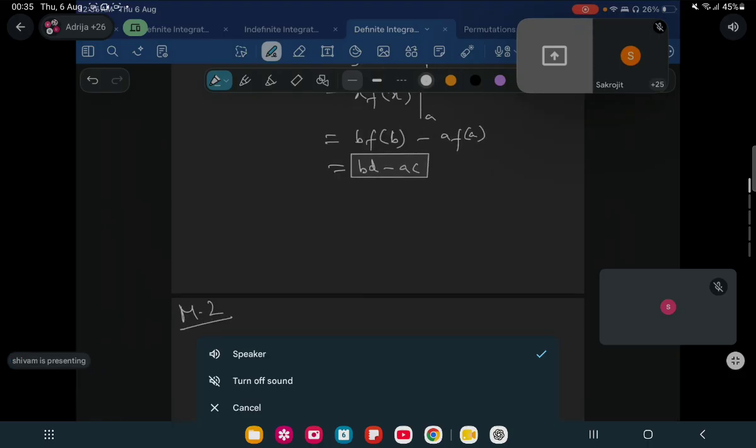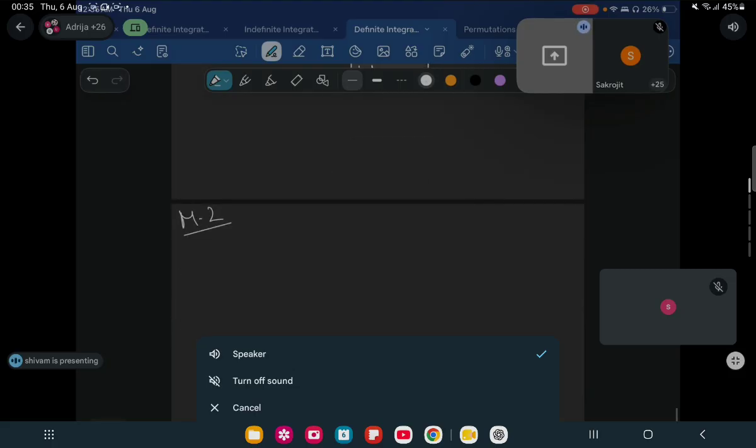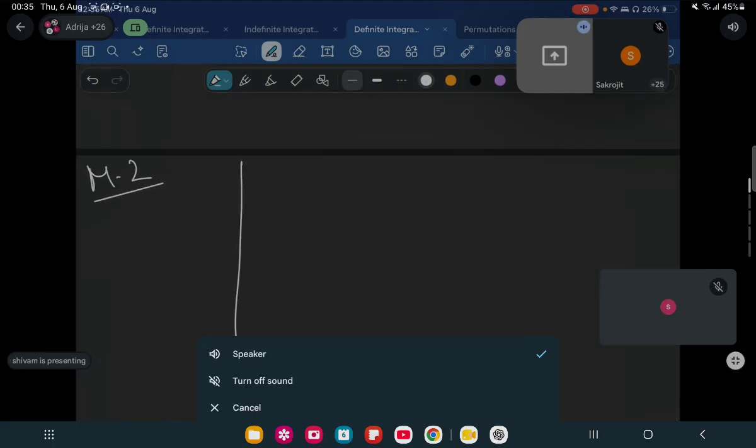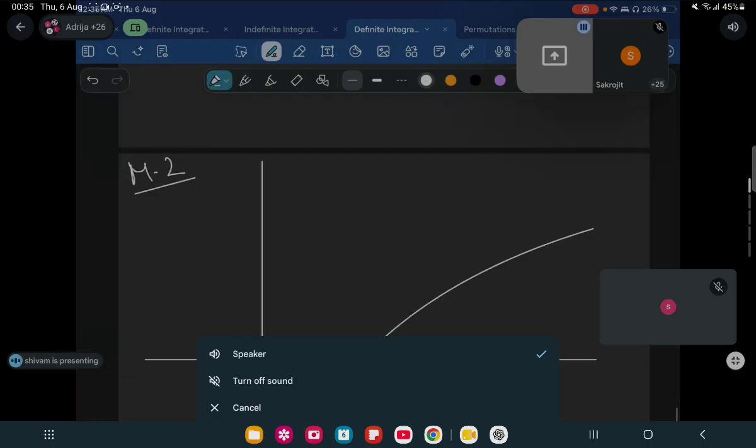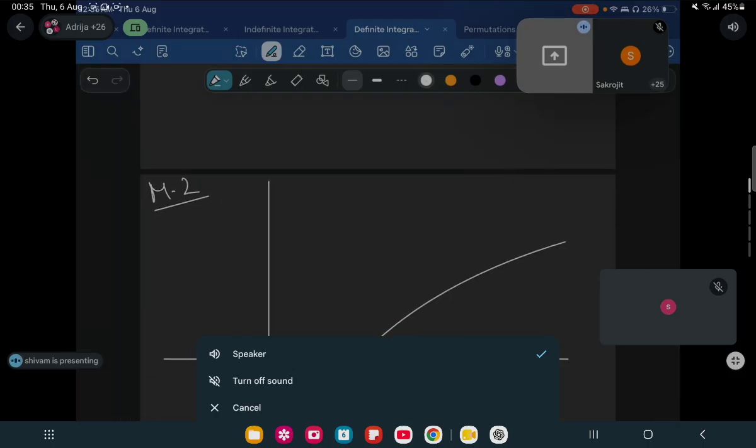Method 2. In order to explain you graphically, I'm going to take one function, f of x. Let us say that this is f of x. Any function, you can think about logarithmic function also.